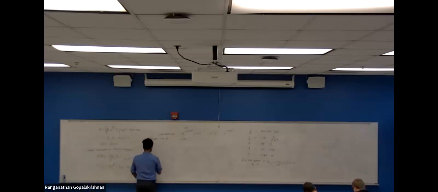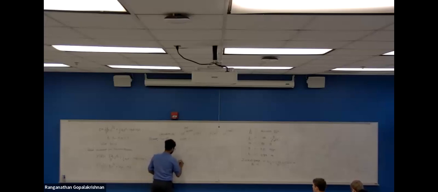So 2 times K2, which is 40, divided by 5, times d to the 5 by 2, plus half K1, which is 40,000, times d squared, minus m, which is 95, multiplied by 9.81, times d.